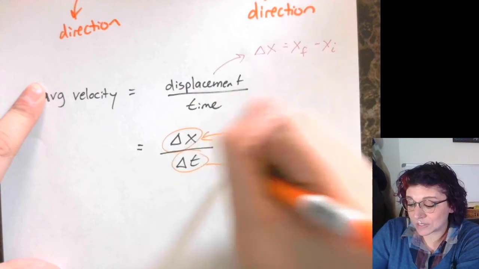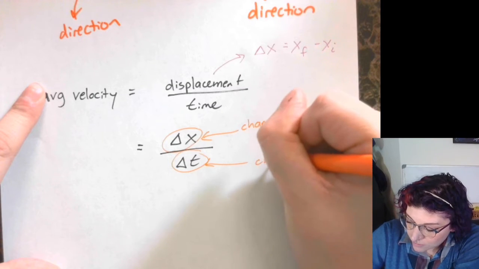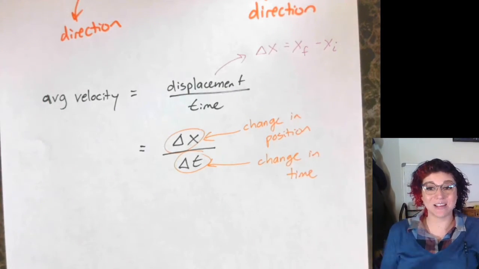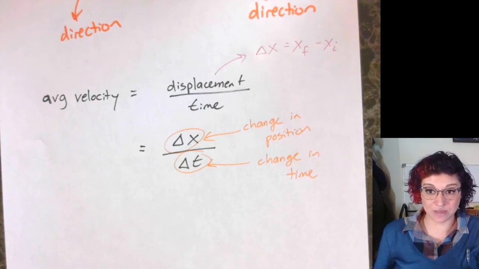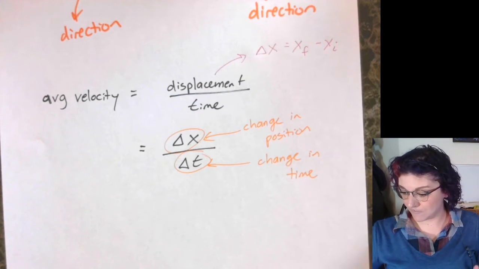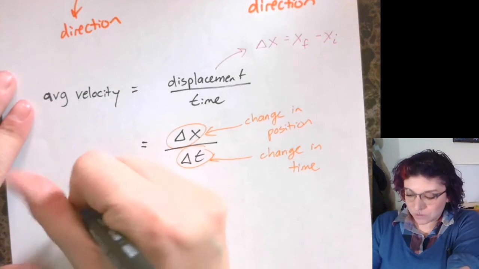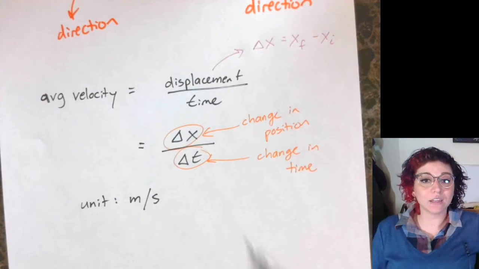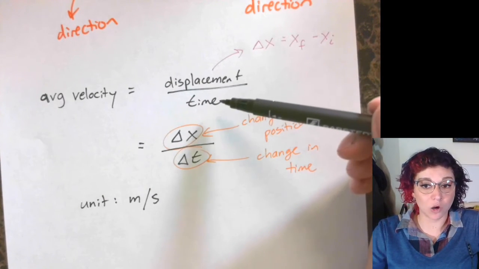And this, the delta t, means change in time. So the total time that has happened for this motion. The unit is also in meters per second because we have displacement over time.